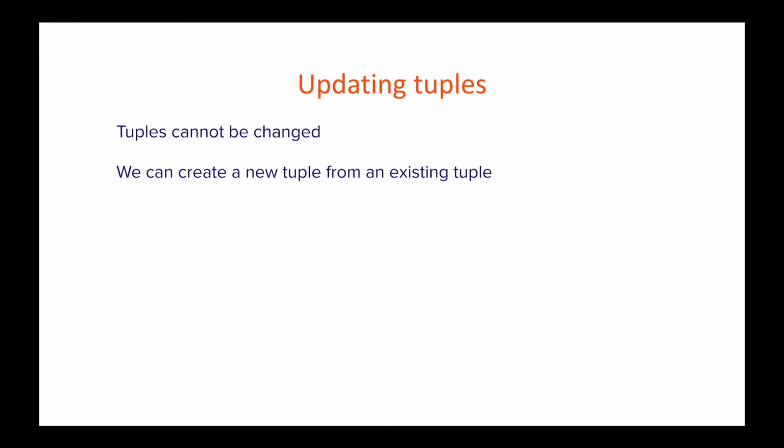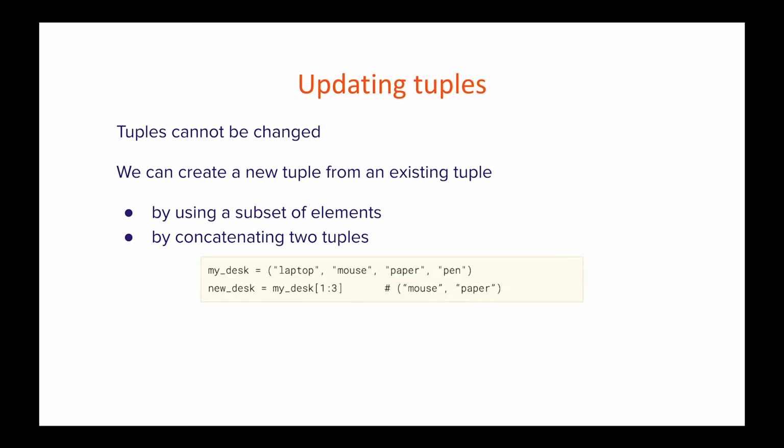Okay, and there are two main ways to do that, let's say. First of all, it's by using a subset of elements. Okay, so we take a few elements from an existing tuple to create a new one. Or it's by concatenating two tuples. So basically putting together two tuples. And let's have a couple of examples for those two types.